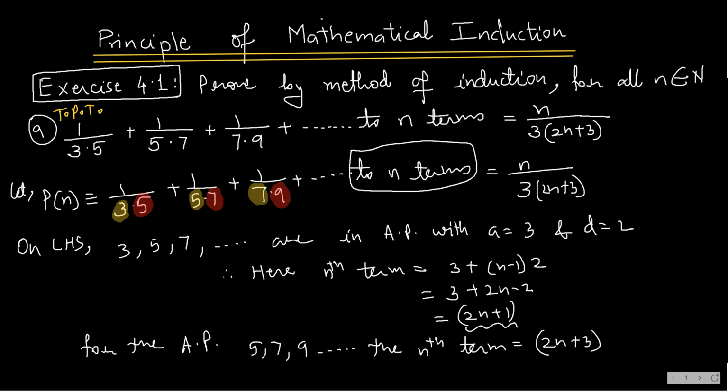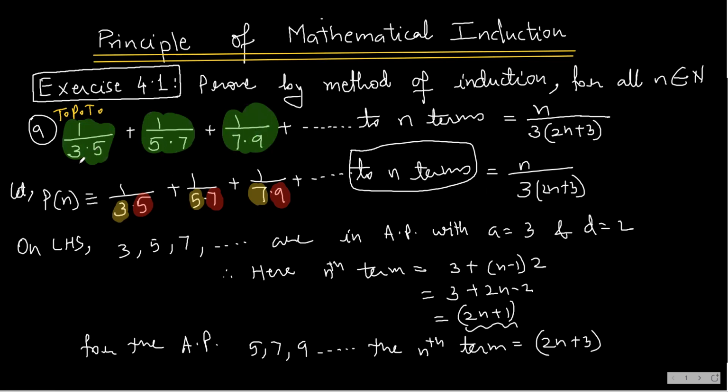Prove by method of induction, for all natural n, 1 upon 3 into 5. This is not 3.5, this is 3 into 5. What are we doing? We are proving this: 1 upon 3 into 5 plus 1 upon 5 into 7 plus 1 upon 7 into 9.